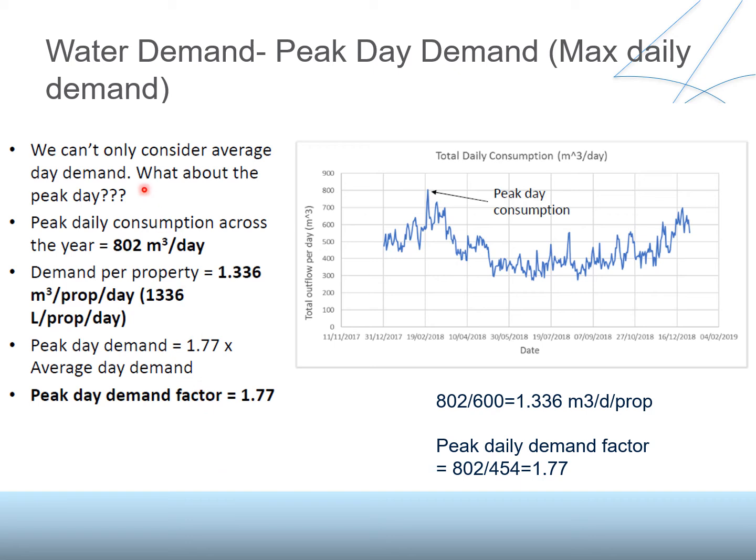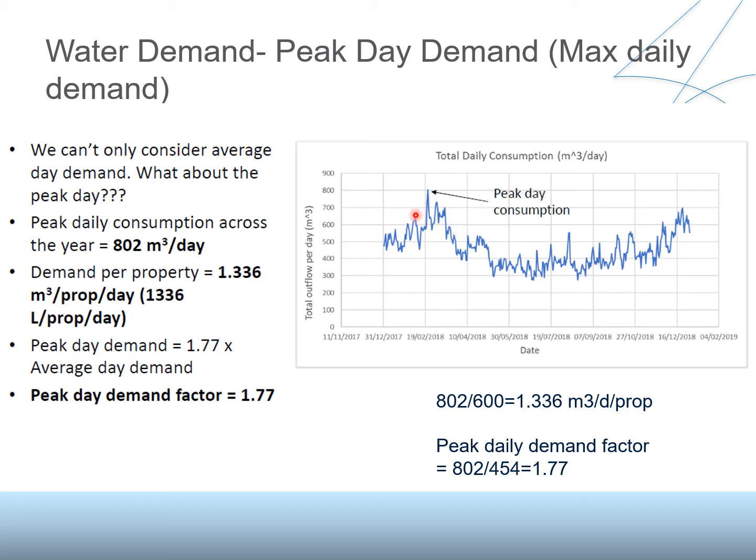Now, when we design our system, we can't only consider average day demand. If we consider that 554 meter cube per day and design our system, what will happen during the peak day consumption? We wouldn't be able to service the community with the required amount of water, right?